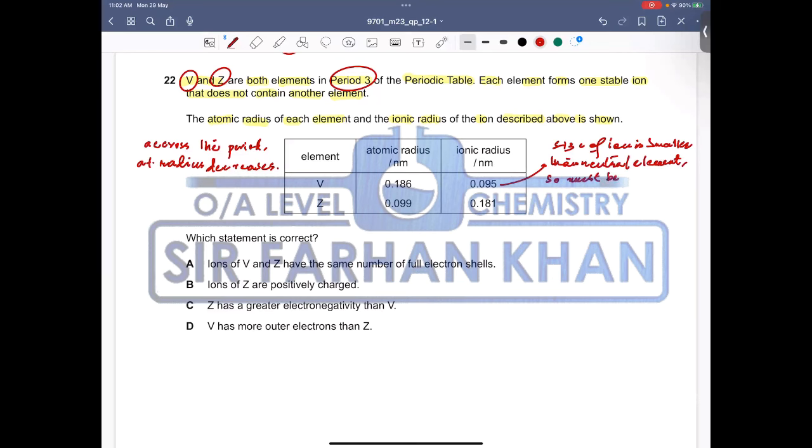In another case, if the size of the ion is bigger than that of the neutral element, then this must be the anion.